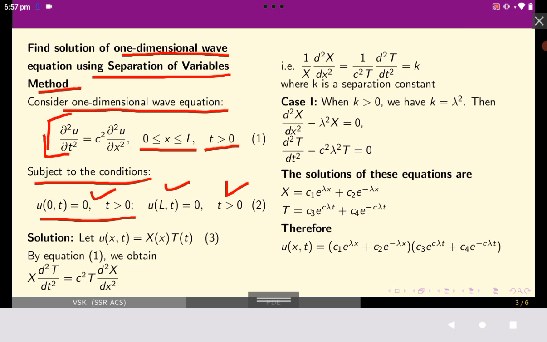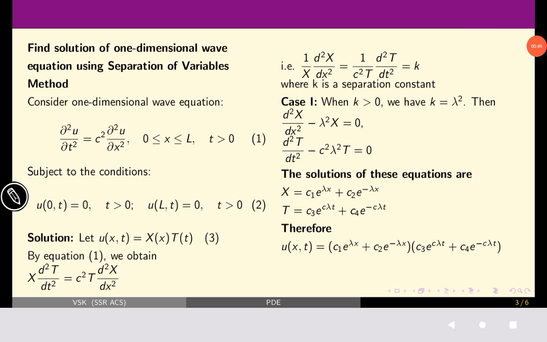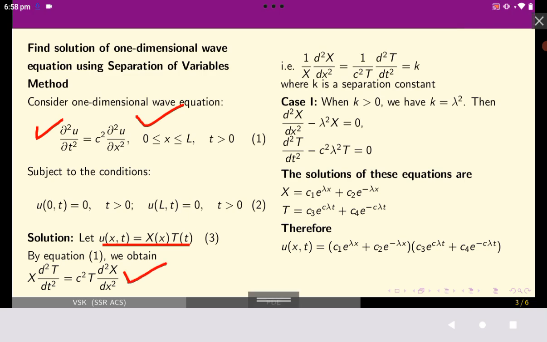Now let us suppose that the solution of this equation is of the form u(x,t) is equal to X(x) T(t). By using this, we obtain this equation very easily. How will we get this?